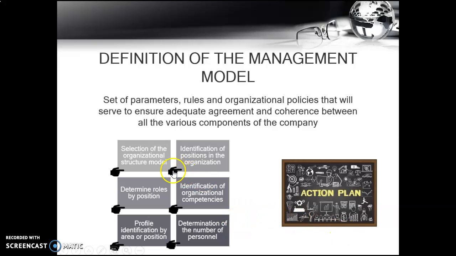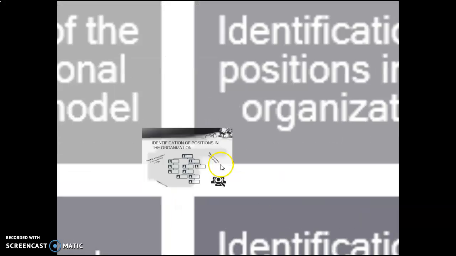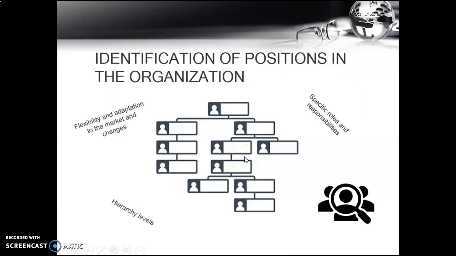After choosing the type of organization, the ideal organizational structure for the project must be designed, for which two factors will have to be considered: that it be flexible enough to adapt to the market and its changes, which is sometimes very necessary in the first months of business, and that it determine specific roles and responsibilities.